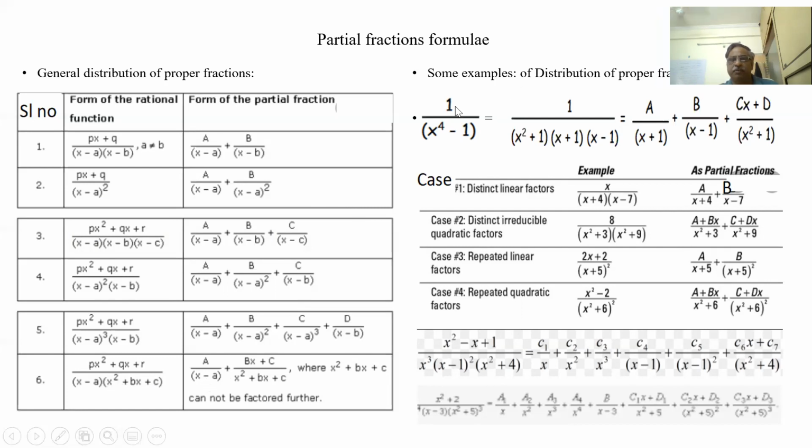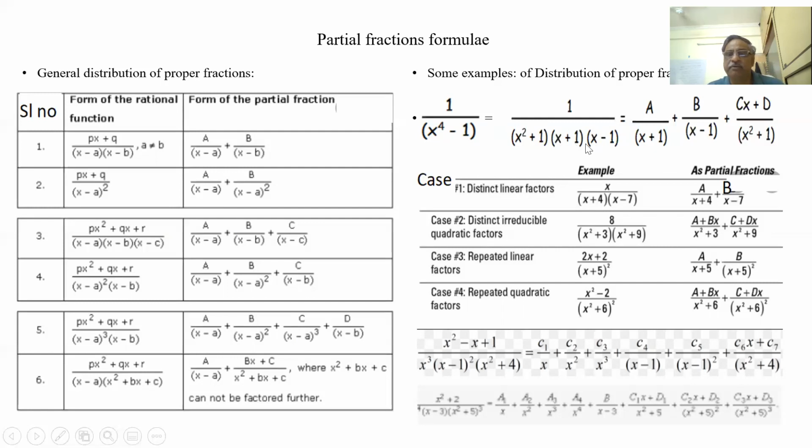Now let us see 1 by x to the power of 4 minus 1. Now x to the power of 4 minus 1 is a proper fraction, no doubt. So how to convert it into partial fractions? x to the power of 4 minus 1 can be written as (x squared plus 1) and (x squared minus 1). Again, x squared minus 1 can be written as (x plus 1) into (x minus 1).